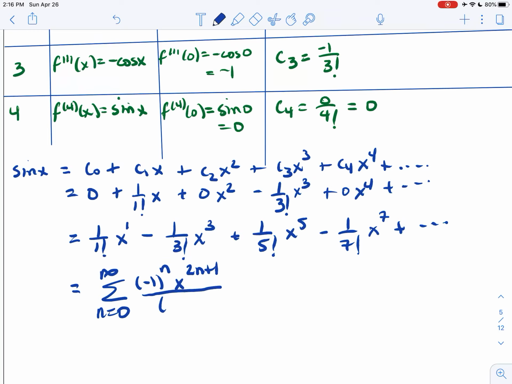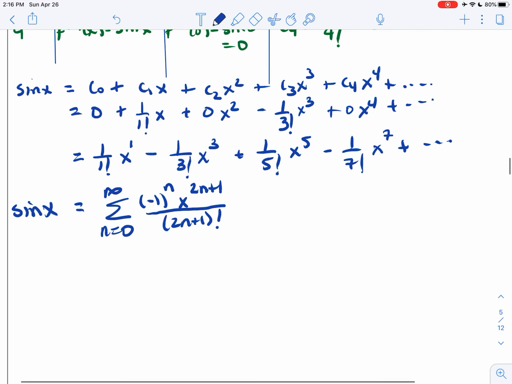We also notice that our exponents are the same as our factorials down below, so that we can say that this is 2n plus 1 factorial. So this is going to be our Maclaurin series representation for sine x.